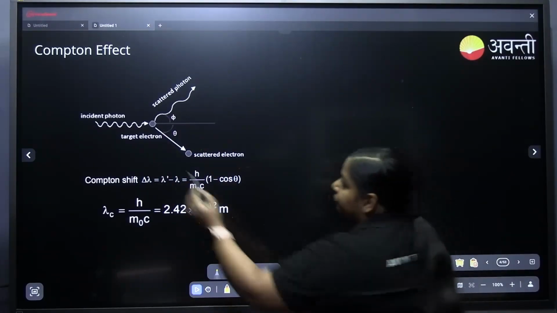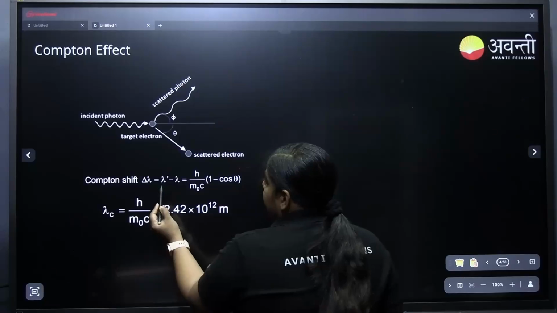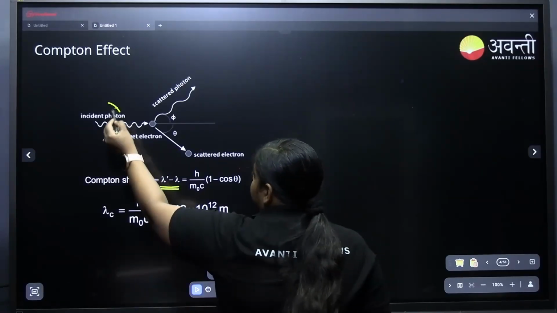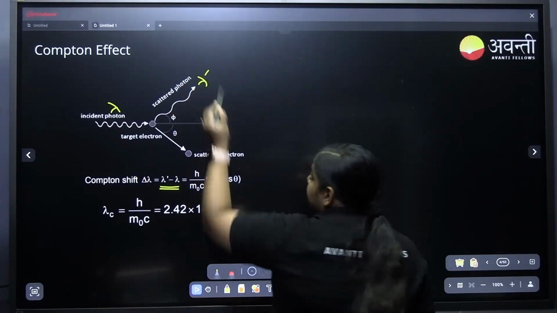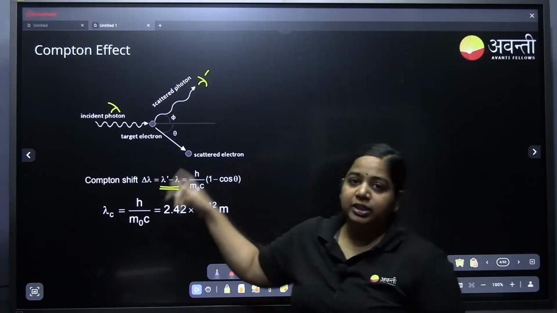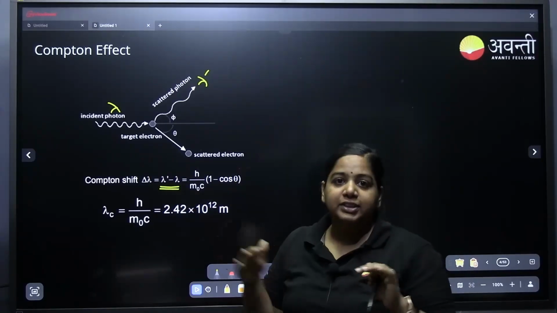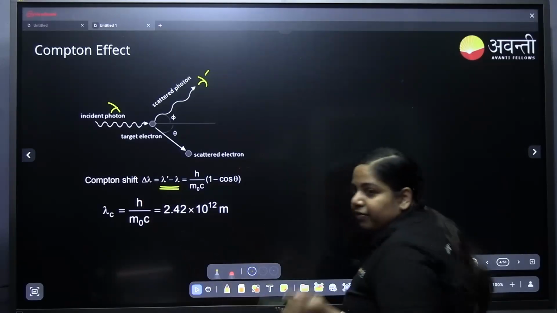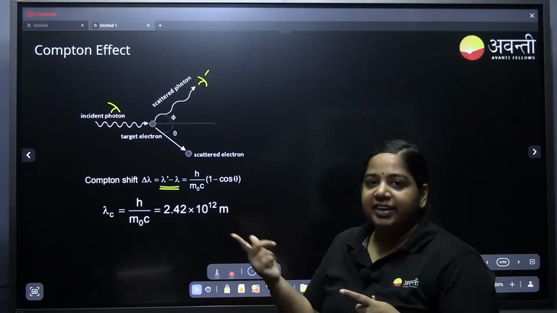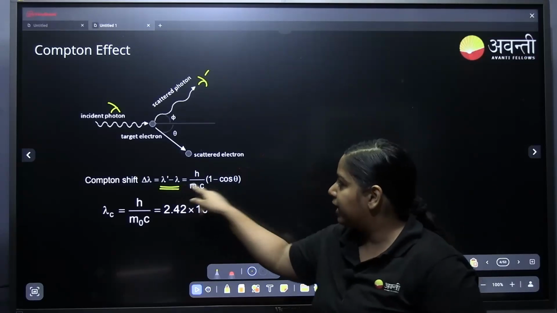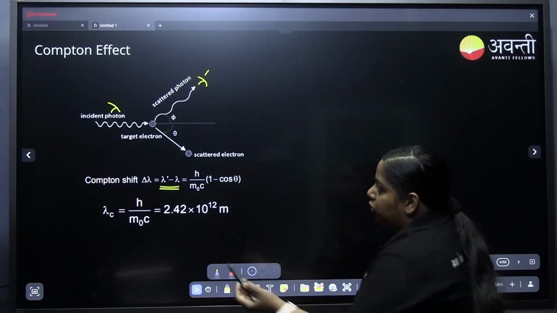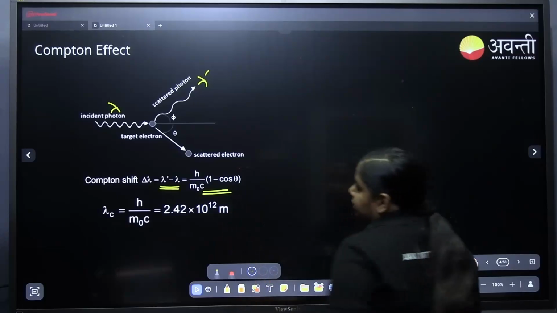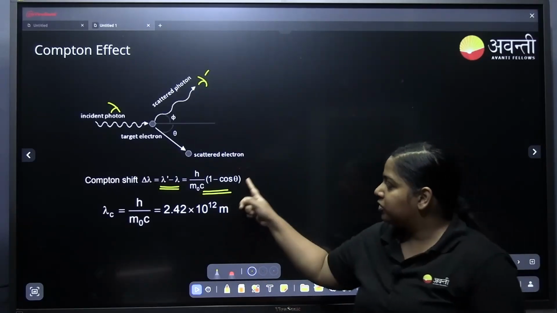So here the initial wavelength was lambda, final wavelength is lambda dash. So how much shift, how much change in lambda is happening, that's what they are saying. When energy is decreased, lambda will increase. That's why lambda dash minus lambda is equal to h by m naught c times 1 minus cos theta.